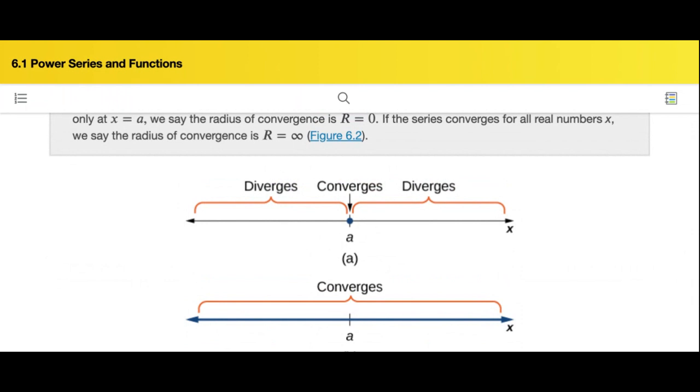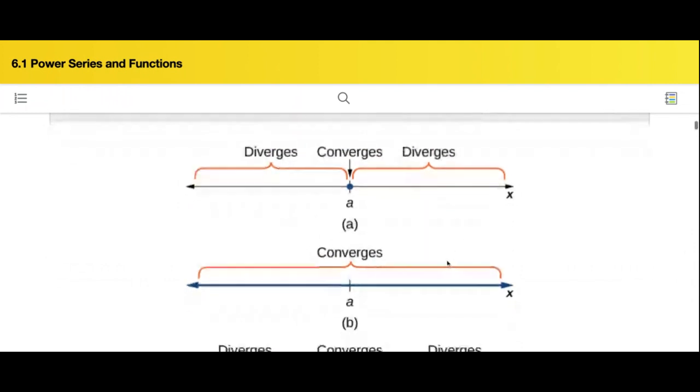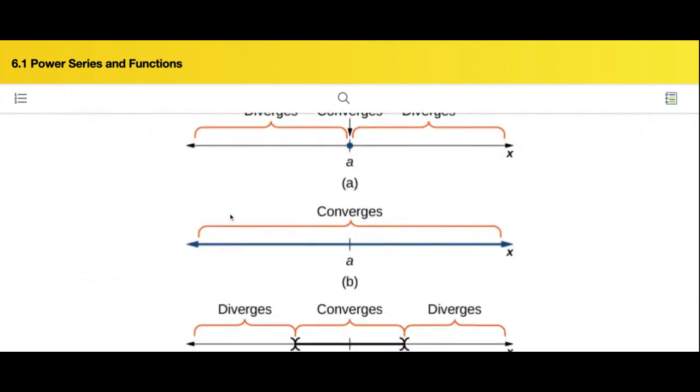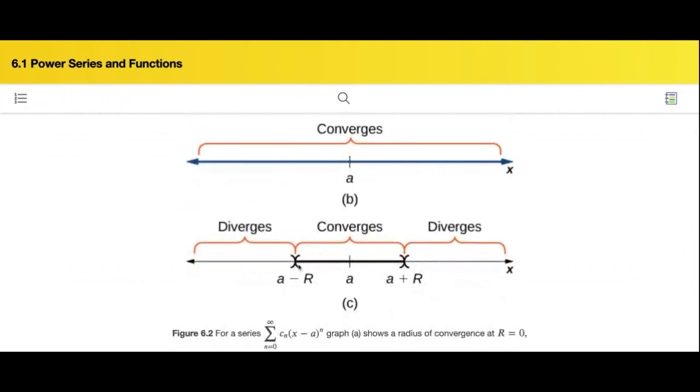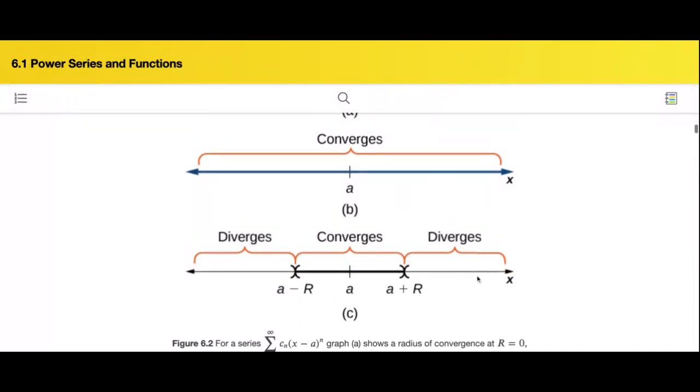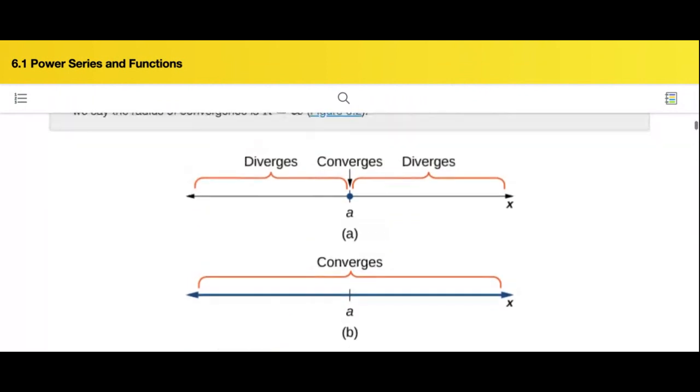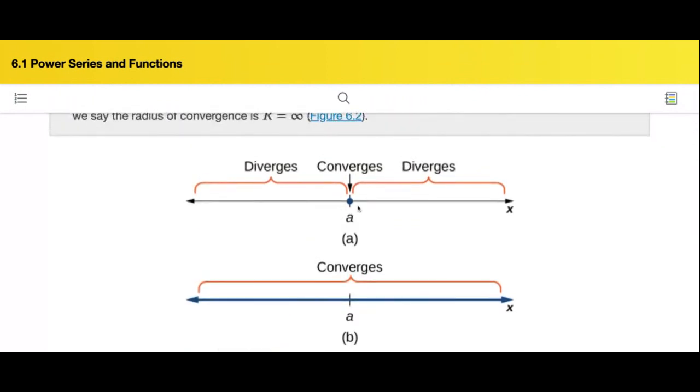It may only converge at its center and diverge anywhere else. Or it may converge at all real numbers. Or it may converge on an interval and diverge anywhere else. 3 situations. But at least it converges at its center. It converges to C naught, its constant term.